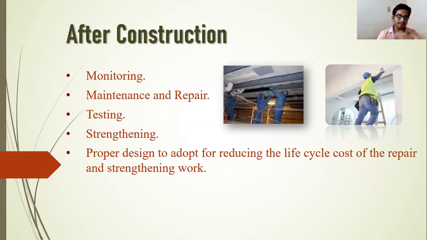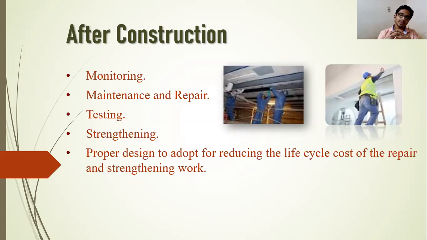So, maintenance and repair. In the picture, in the top left, you can see some persons doing flexural strengthening using carbon fiber filaments. For diploma students, this may be new to you.